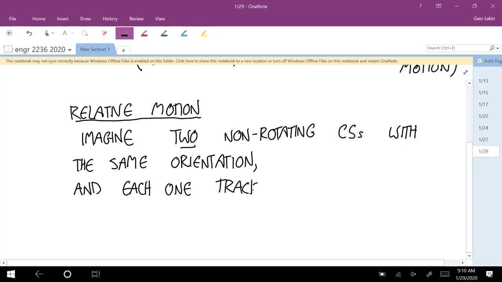When you say tracking, you mean the camera is moving along with the object? No, it's just keeping track of the location. Each one is measuring the location. Okay.